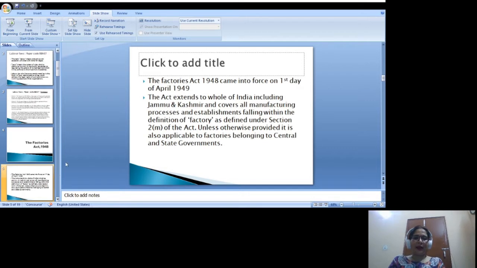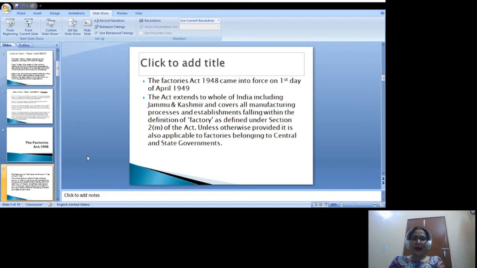This act extends to the whole of India, including Jammu and Kashmir, and covers all manufacturing processes and establishments falling within the definition of factory as defined under section 2(m) of the act. Unless otherwise provided, it is also applicable to factories belonging to central and state government.